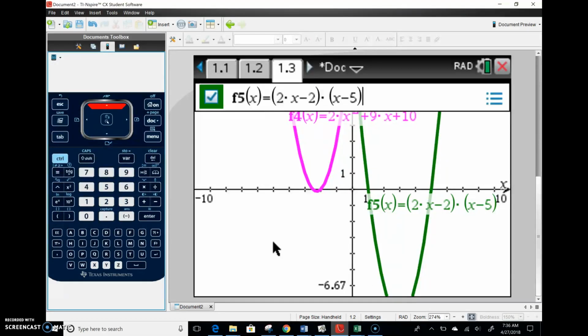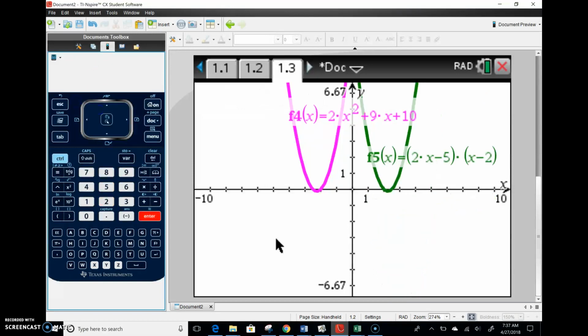I'm going to try C now. 2x minus 5. You can try any one you want. 2x minus 5, x minus 2. That's not the same. Did I type in the right equation?